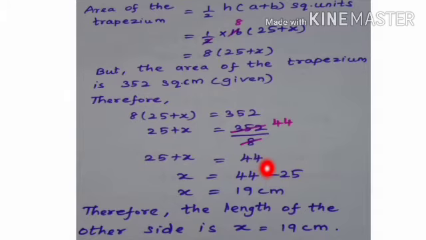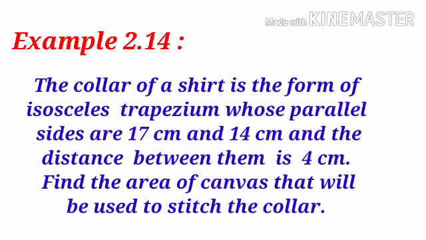So 44 minus 25 is 19. So the value of x is 19, which is the length of the other side. That is, b is equal to x, which is equal to 19 centimeter.